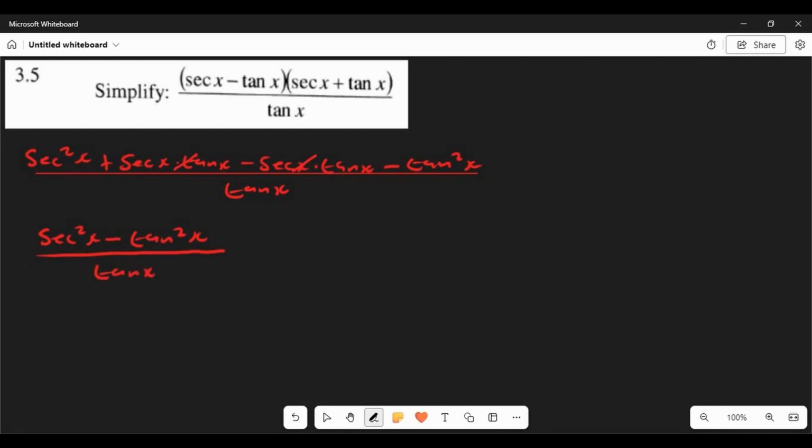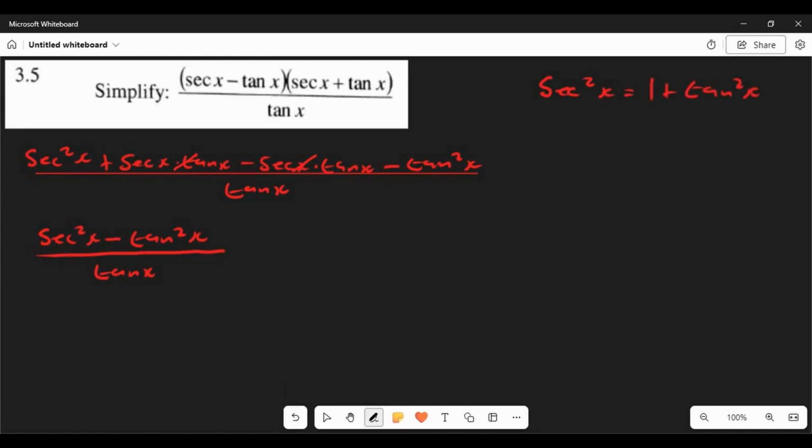But this sec squared x is actually the square identity: sec squared x is equal to 1 plus tan squared x.